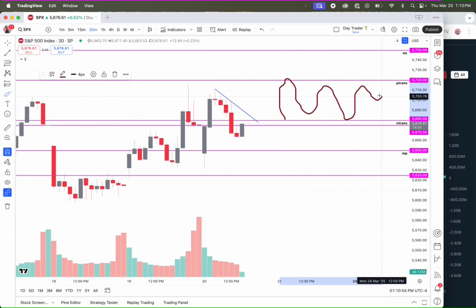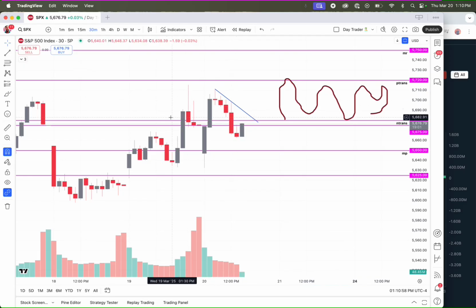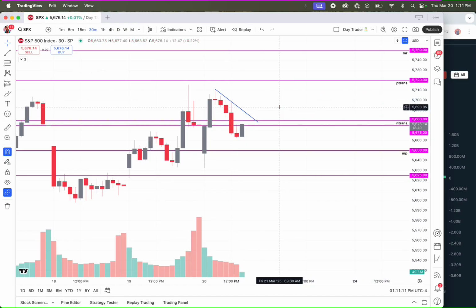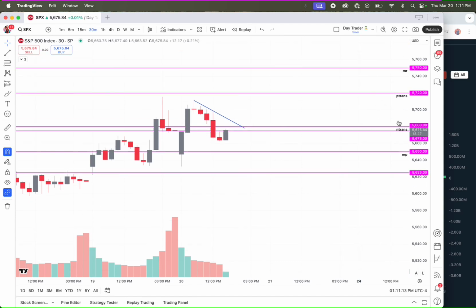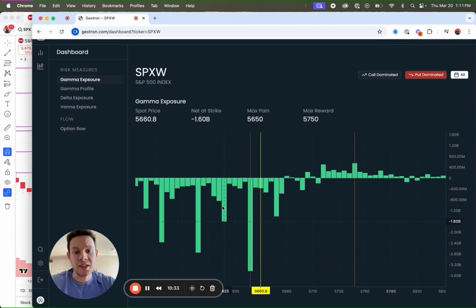This is what we call the drunken sailor area, because price can be wicky, it could be choppy. You can see it right here, it's chopping between here, chopping between here, fast reversals or slow grind down. It's unpredictable.